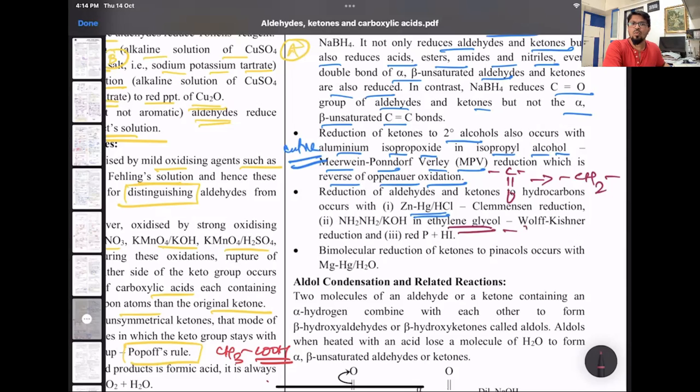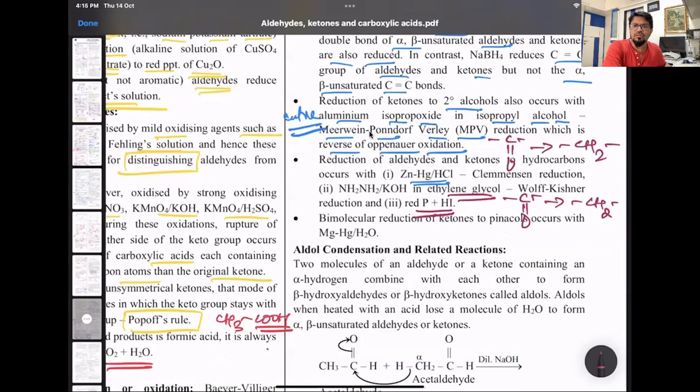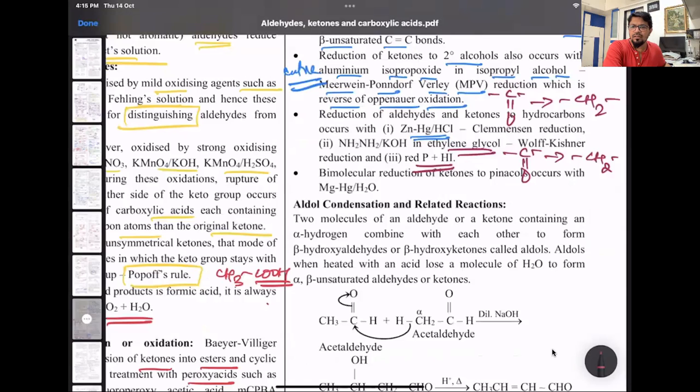What do you see? One second. What happened to the screen now? One minute. Yeah, the carbonyl group is reduced over there. I think the screen has moved. Let me do it again. Share.